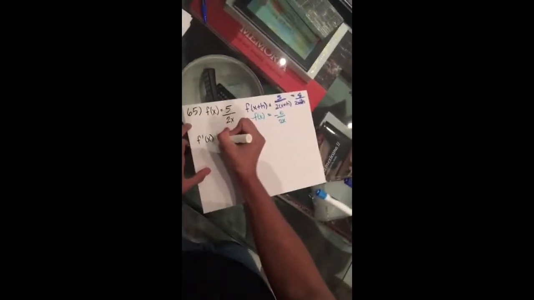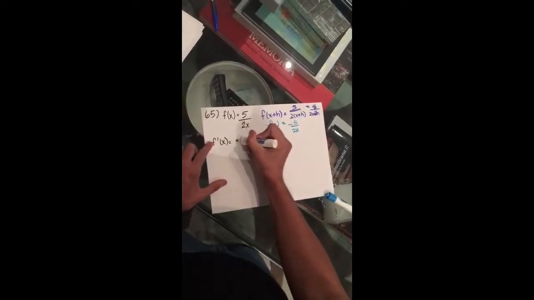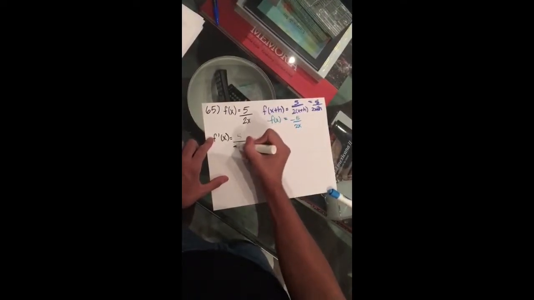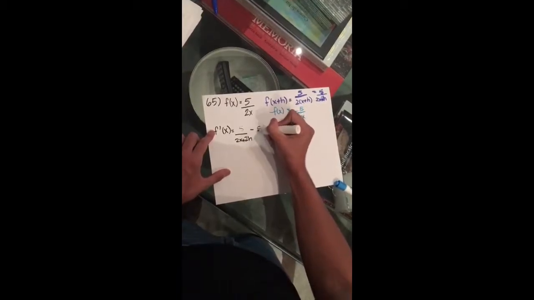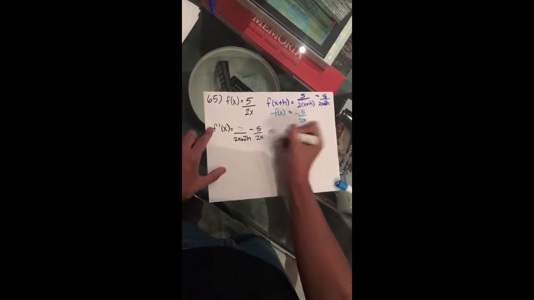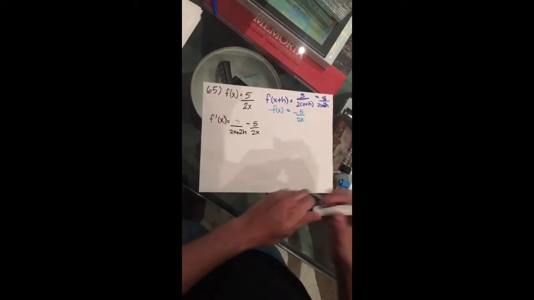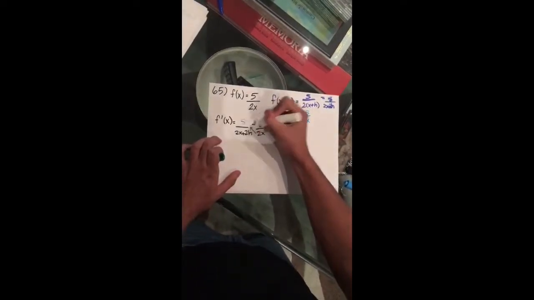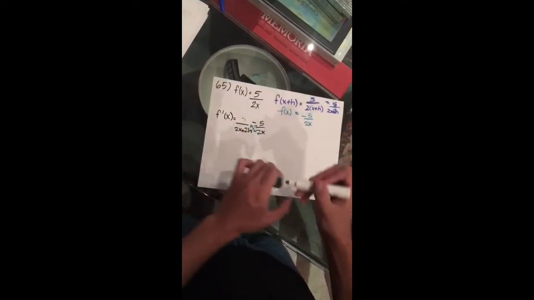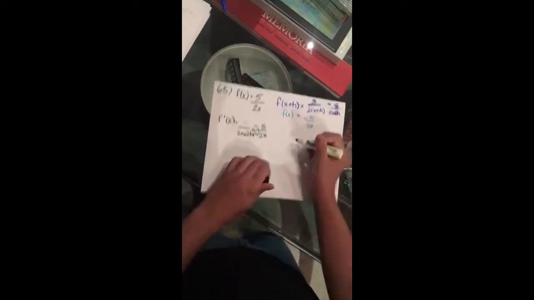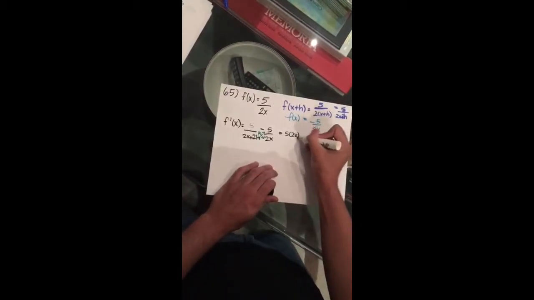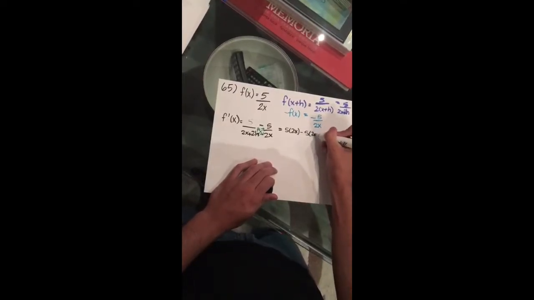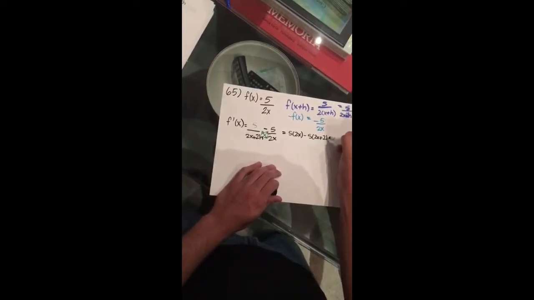So it's like this. What we do is this, 2x plus 2h minus 5, 2x. What we do here is that we cross multiply in order to get the function. So 5 times 2x minus 5 and 2x plus 2h.